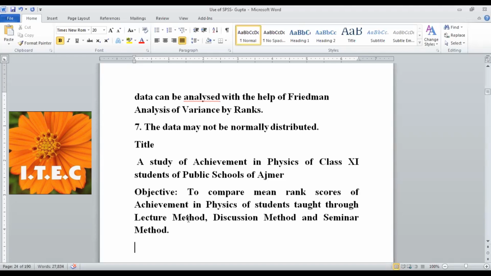Suppose that topic you can cover in 1 week, say 6 days. After 6 days, you administer the test, and then after that, you teach the same group the same topic with the help of the discussion method and for the same duration of time.